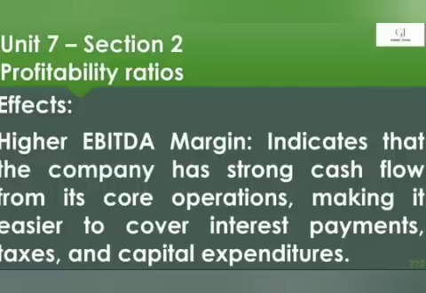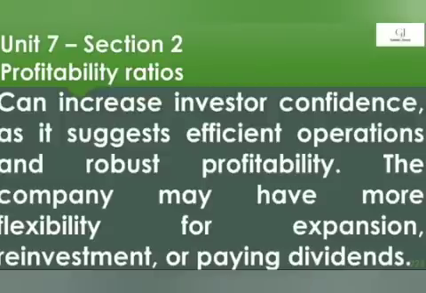So when you have a high operating profit, a high EBITDA, it shows that you are doing very well and you could cover most of these uncontrollable costs, or we call them inevitable costs you have no control over. It can also increase investor confidence and suggest effective operations and robust profitability. The company may have more flexibility for expansion, reinvestment, and paying of dividends when they have a high EBITDA.